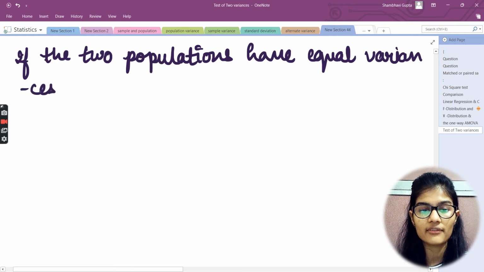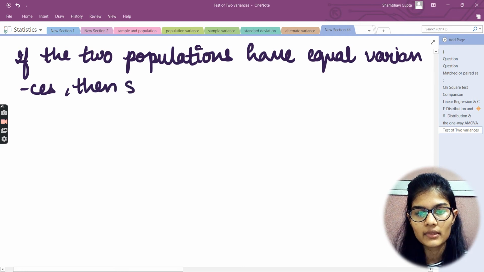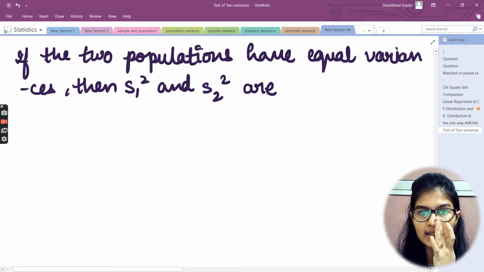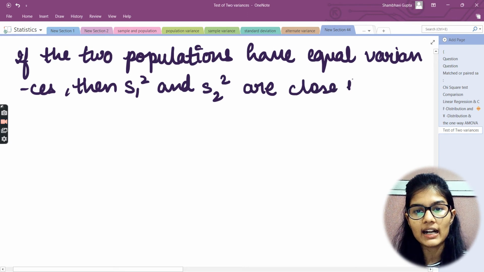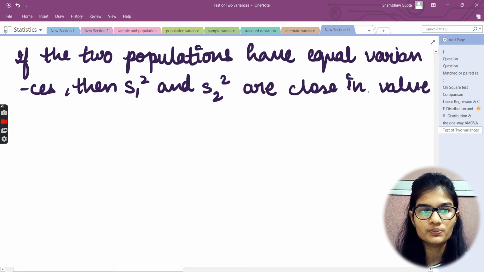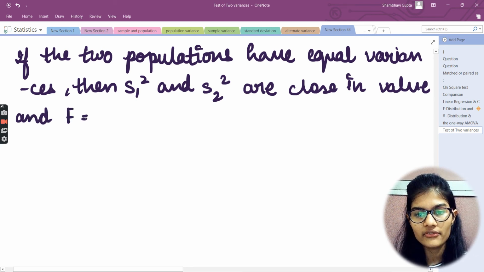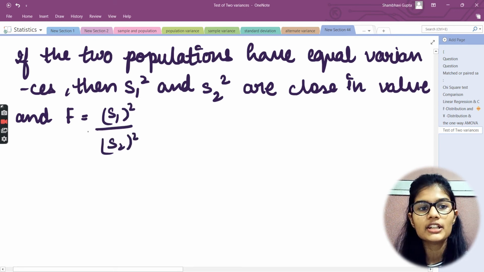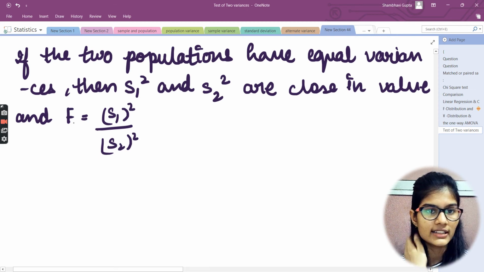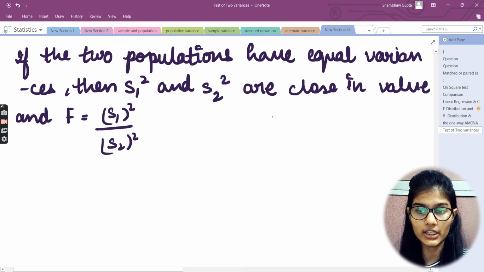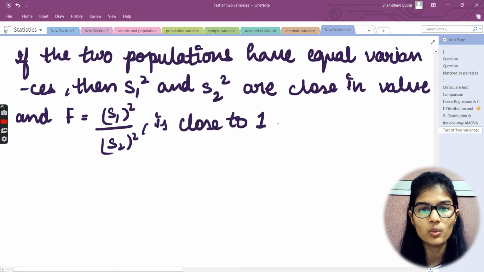If the two populations have equal variances, then S1 squared and S2 squared are close in value, and F is equal to S1 squared divided by S2 squared, which is close to 1.